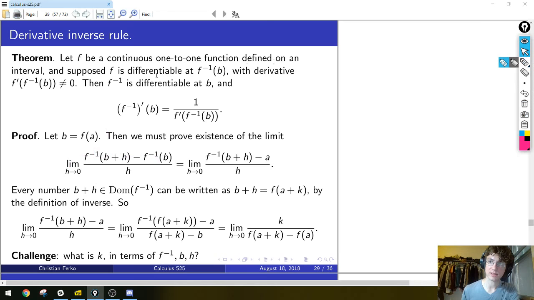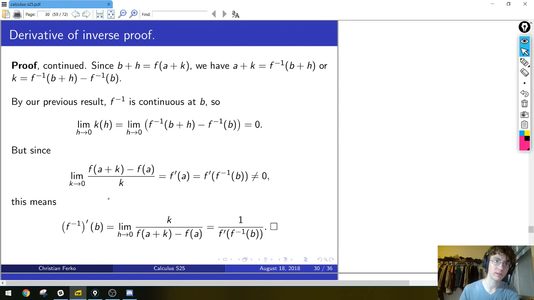Why does that help us? Oh, well, also the variable going to 0. Here it's h goes to 0. Here is k goes to 0. So why does that help us? We've proven that if a limit exists and it's non-zero, then the limit of 1 over that argument, so the multiplicative inverse, also exists. So that was useful.